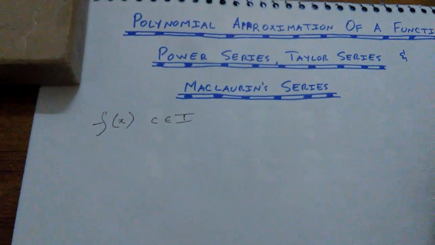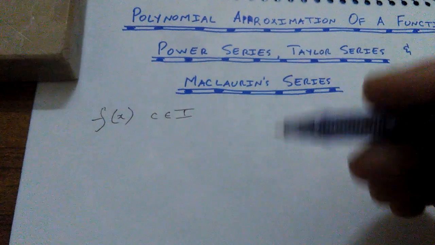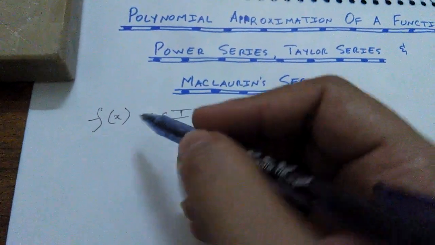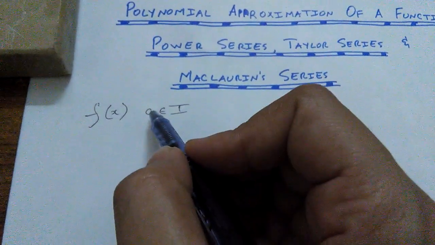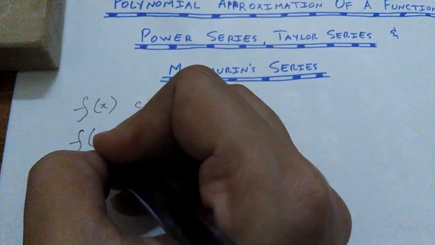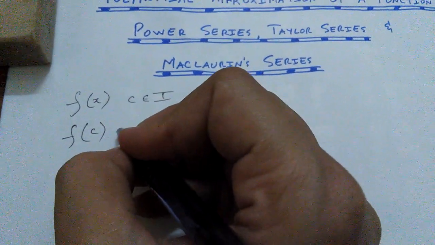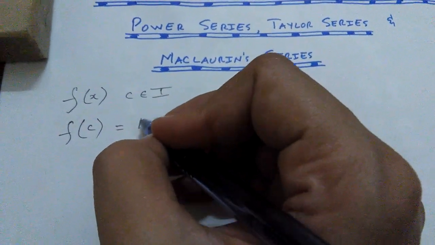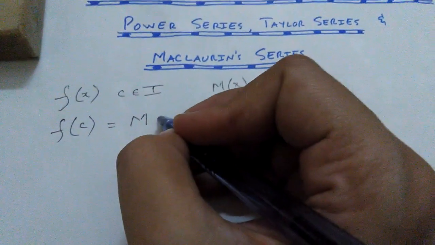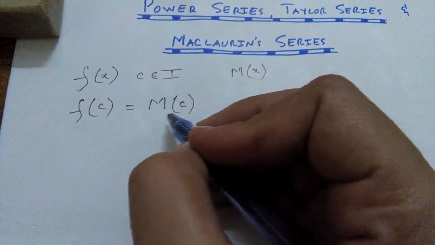Then how about finding a polynomial such that when I substitute c for its variable, I get the same answer as f of c. It should be exactly equal, and I represent that polynomial as m of x, so m of c equals f of c.